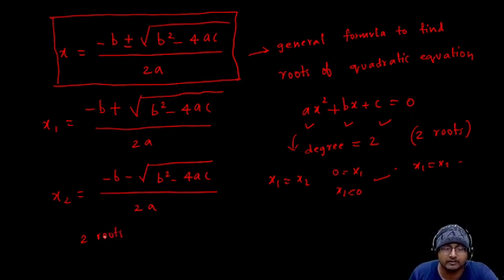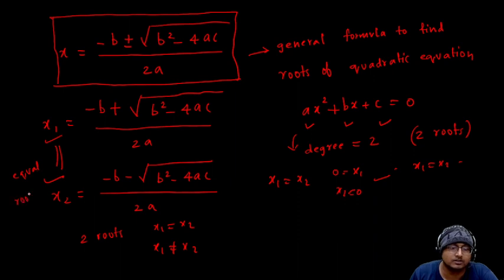If x1 is equal to x2, it is also two roots. If x1 is not equal to x2, there are also two roots. If x1 is not equal to x2, obviously this is different and this is different. What I'm telling is these two can also be equal. So we can have equal roots, and we can have different roots.